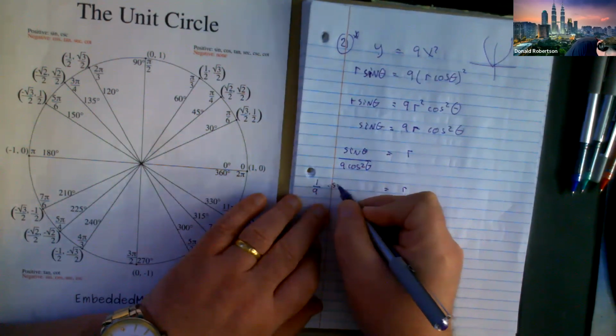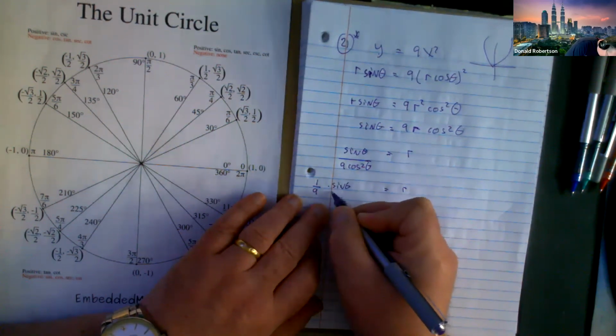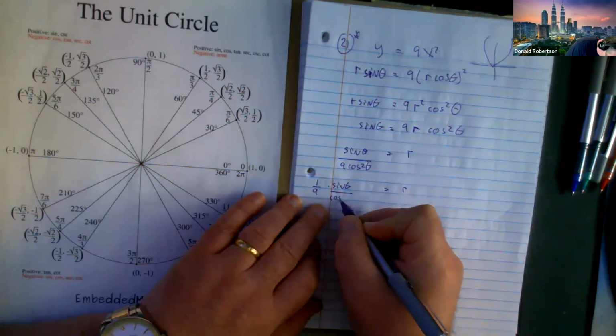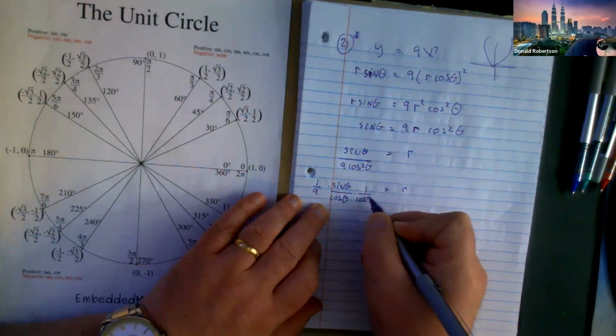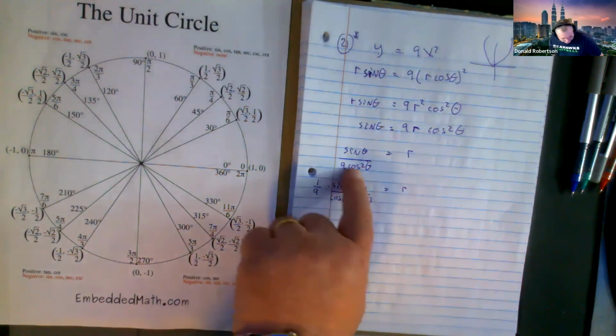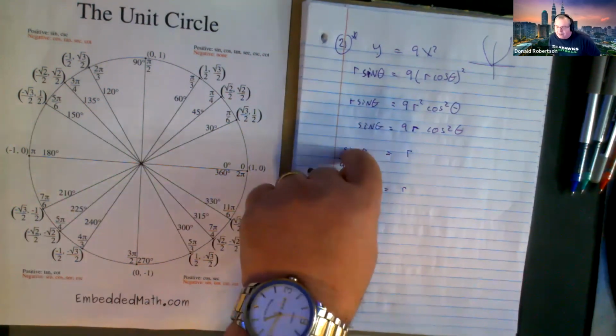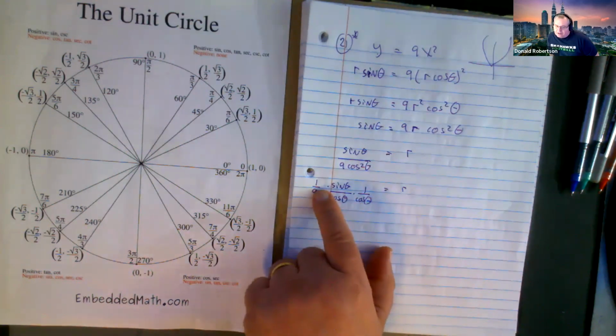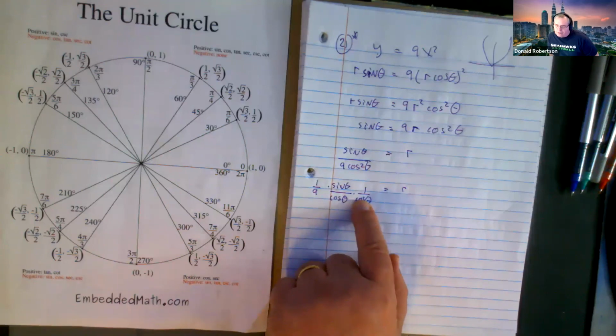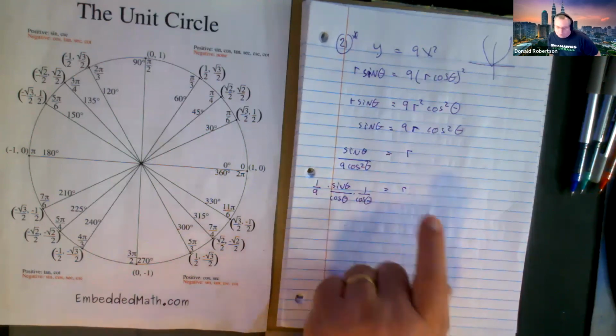I'm going to take that sine theta and I'm going to separate out the bottom as a cosine theta with another cosine theta. If you put that all back together again, don't you get the guy we had? There's the 9, there's a cosine, there's the second cosine, there's the sine on the top.